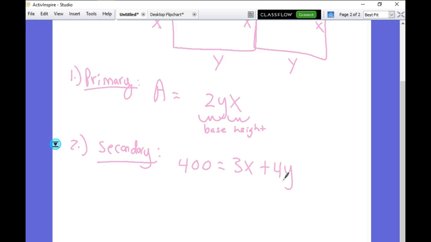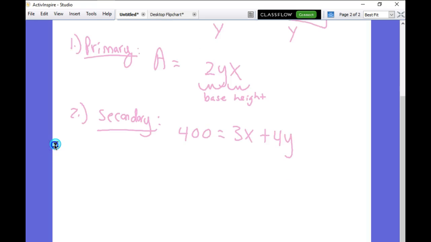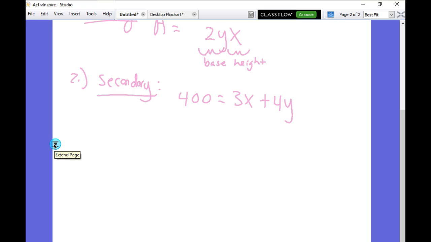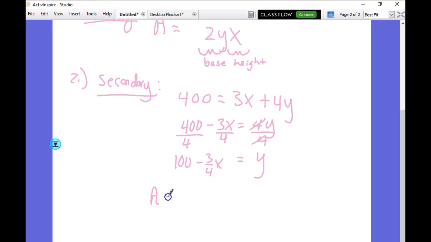Now we do need to get a variable by itself, so let's go ahead and do that. I'm going to choose to get the y by itself. So y equals 100 minus 3/4 x. And now what do I do? Plug it into your primary, right?